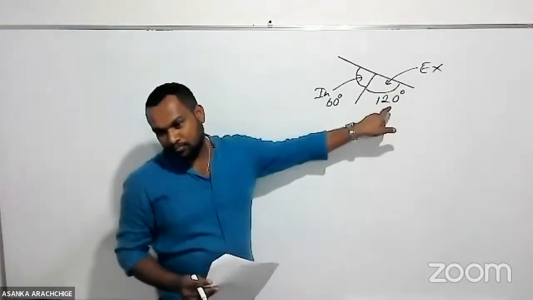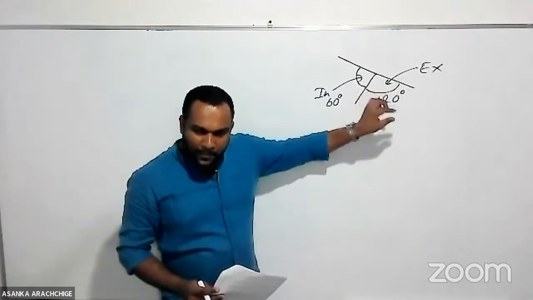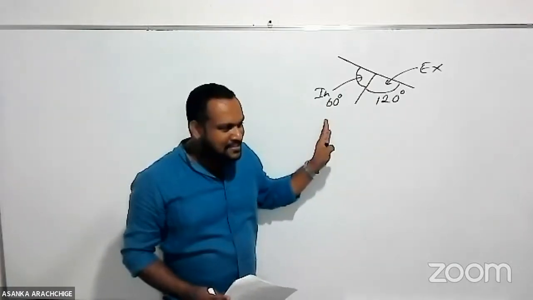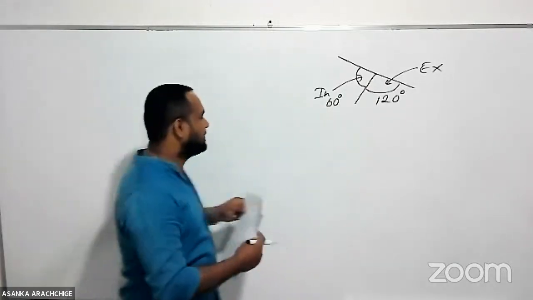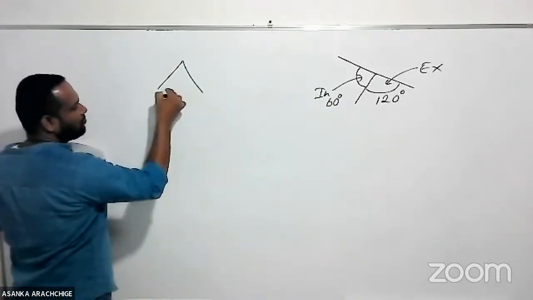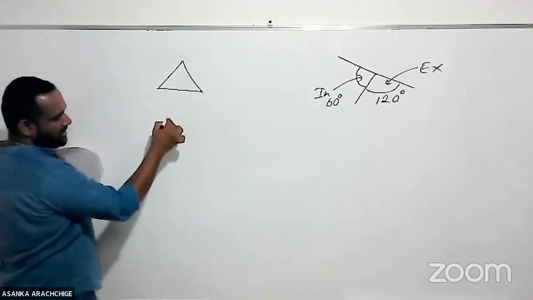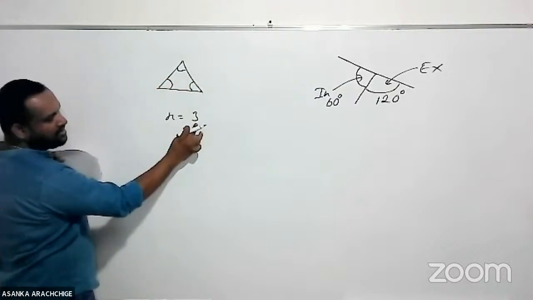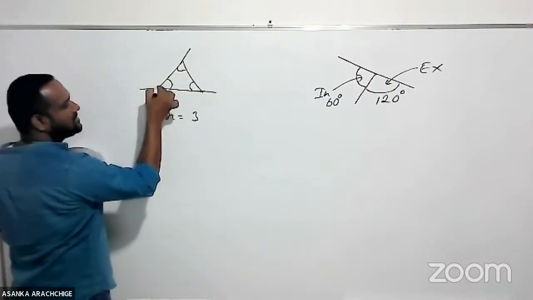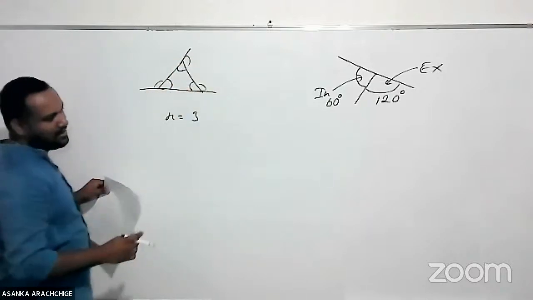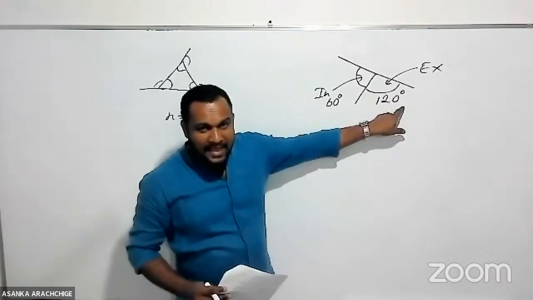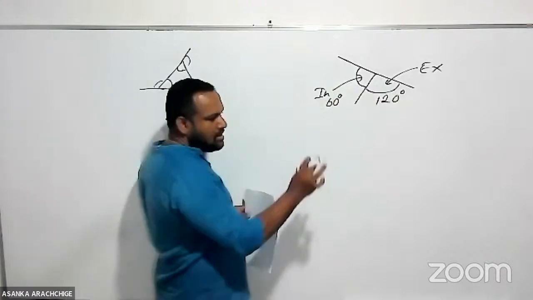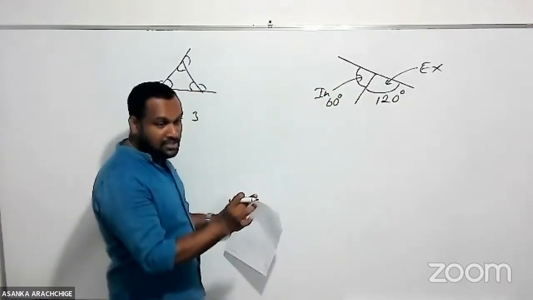So you know, in every polygon, the number of sides and the number of exterior angles are equal. Now think of a triangle. A triangle has three sides. How many interior angles are there? Three. How many exterior angles? Three. Therefore, if this polygon has n sides, there must be n exterior angles.